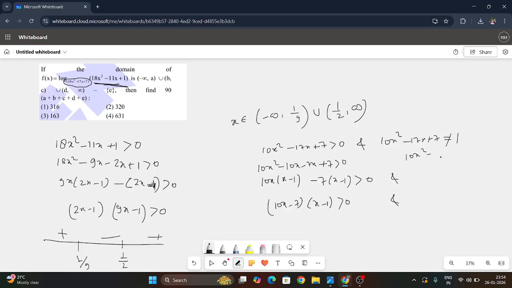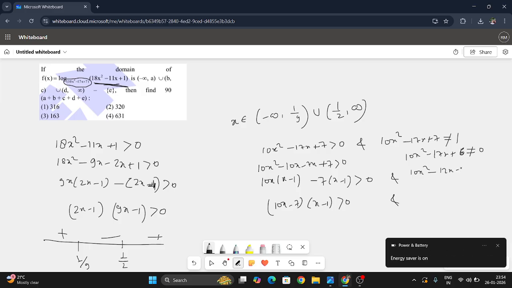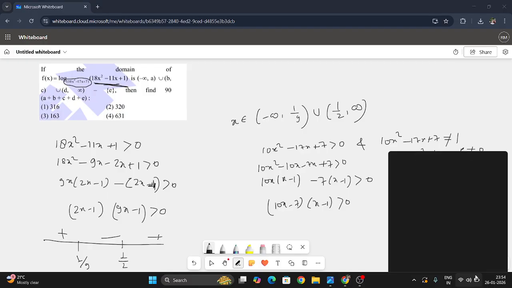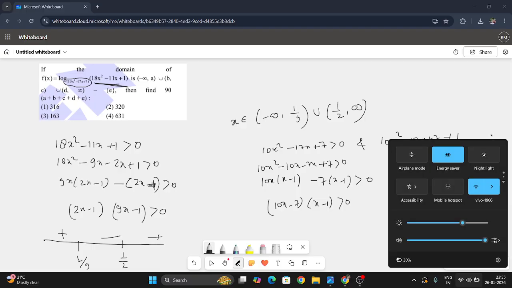You will get 10x² − 17x + 6 not equal to 0. So now this is 6. How can you factorize it? 6 and 10, this is 60 and 12. Okay, so 10x² − 12x − 5x + 6 not equal to 0.